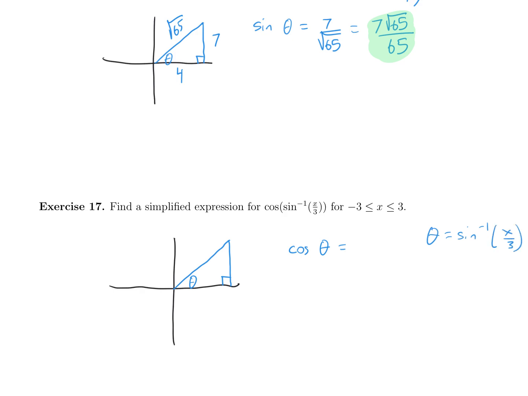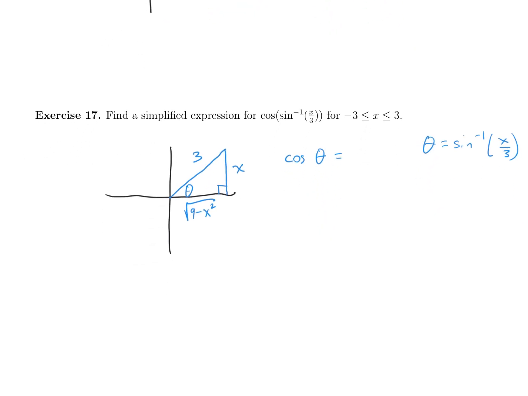Sine is opposite over hypotenuse, so opposite over hypotenuse. If you do the Pythagorean theorem, once again, you will get the expression the square root of 9 minus x squared. I'll let you confirm that. If you'd like to pause the video and double check that, you can. Once you get that missing side, now you can finally find the trig function of the angle theta.